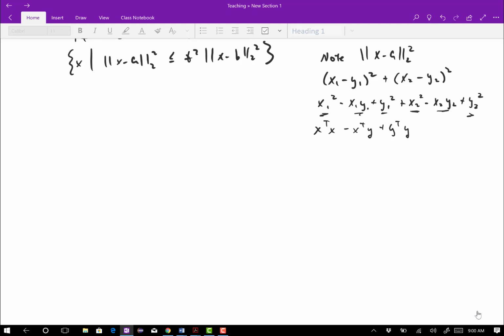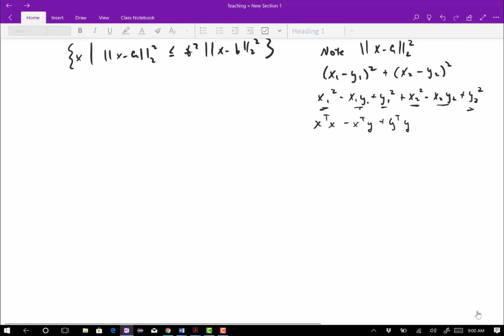So now we can rewrite this expression as follows. We will have x transpose x minus 2 x transpose a plus a transpose a. That all comes from here.